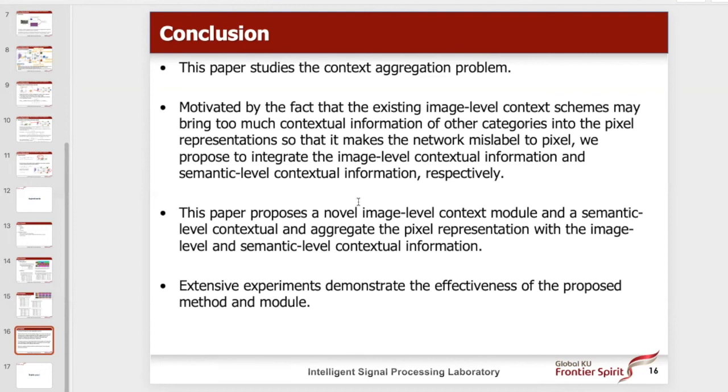So he introduced the semantic level context information, and an image level context module and a semantic context module, so that he can aggregate the pixel representations with these two kinds of information. Extensive experimental results have shown the effectiveness of the proposed method and the modules. That's all my content for today's presentation.